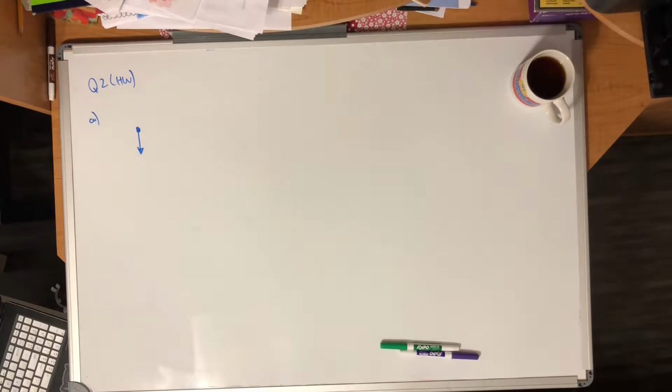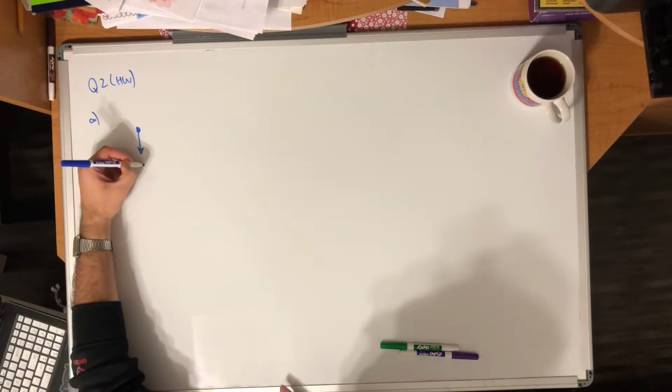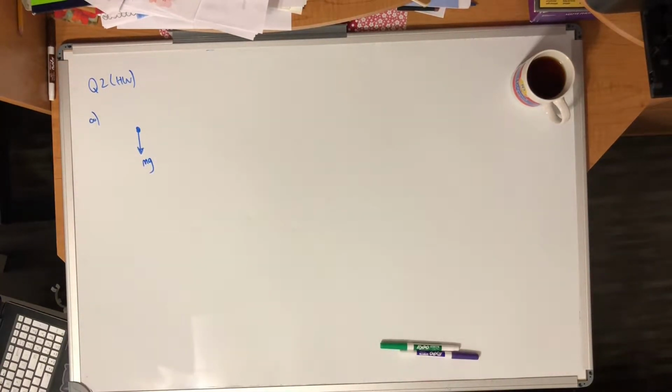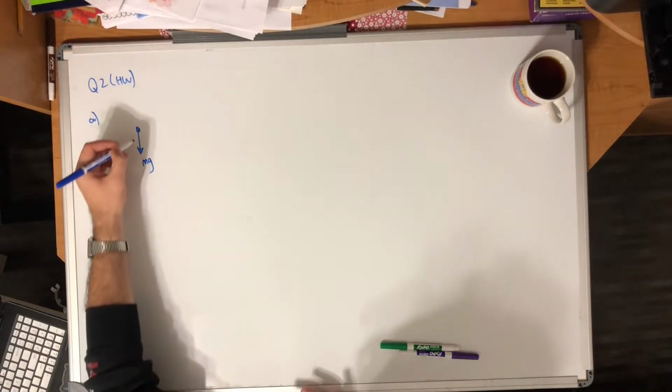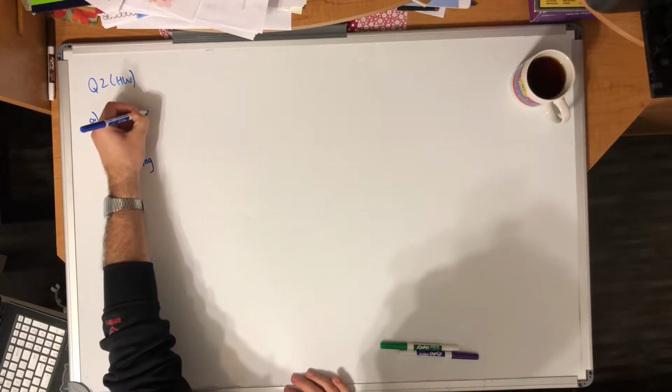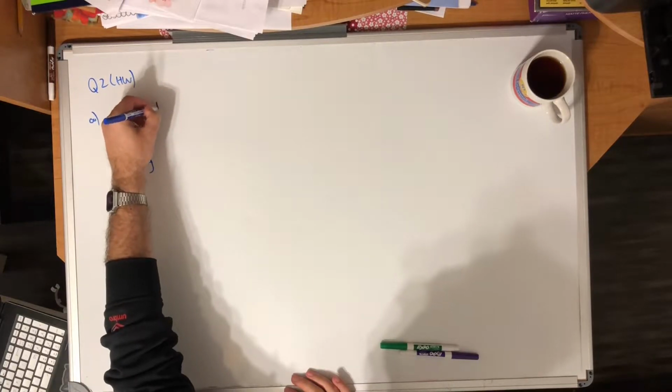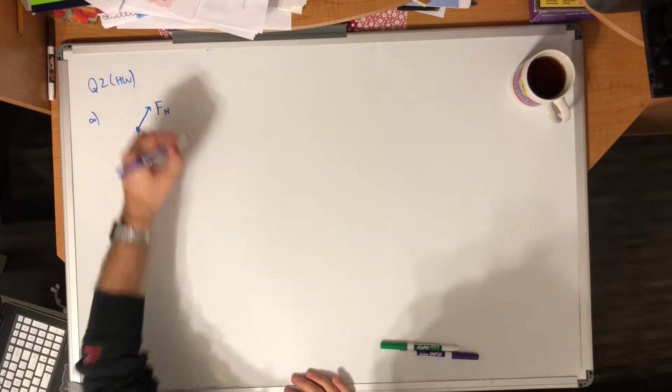So you always have gravity going straight down, mg, and there is no friction, but there is air resistance this time. You have a normal force, and this normal force is going to be perpendicular to the surface, Fn.